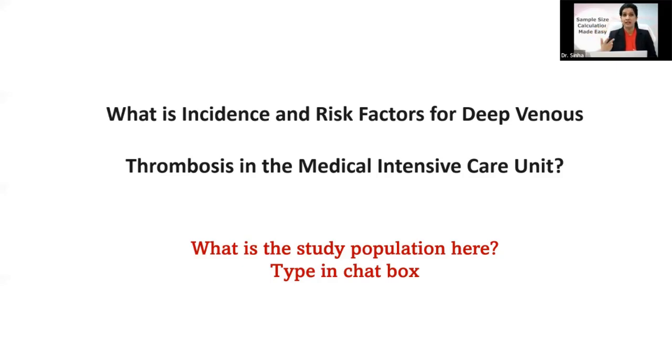Then whatever result comes, you will be able to generalize that result to that particular population from where you have drawn your sample. So you have to be very careful regarding the population you define, from where you are withdrawing your sample.